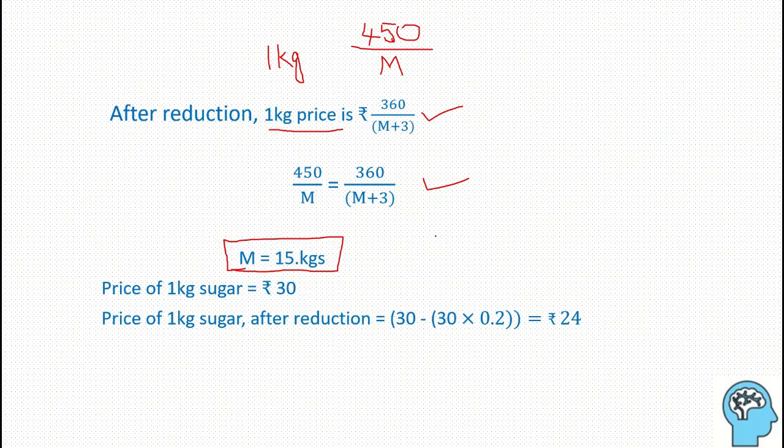So originally, before reduction, Mrs. Shah is able to buy 15 kgs of sugar for x rupees.